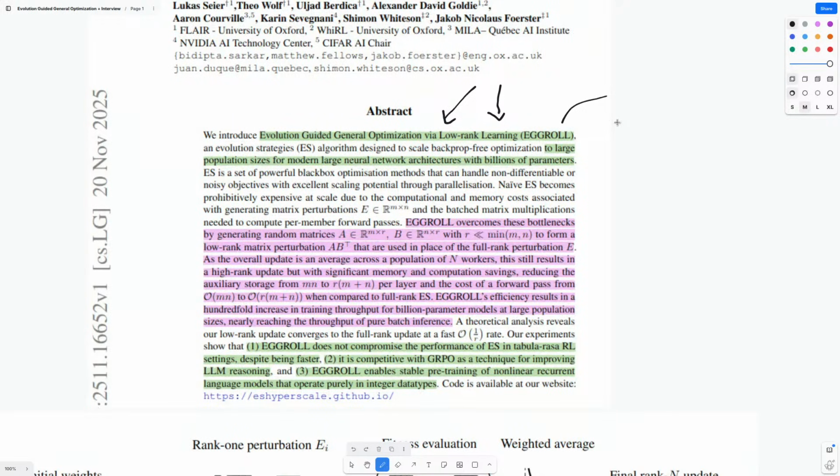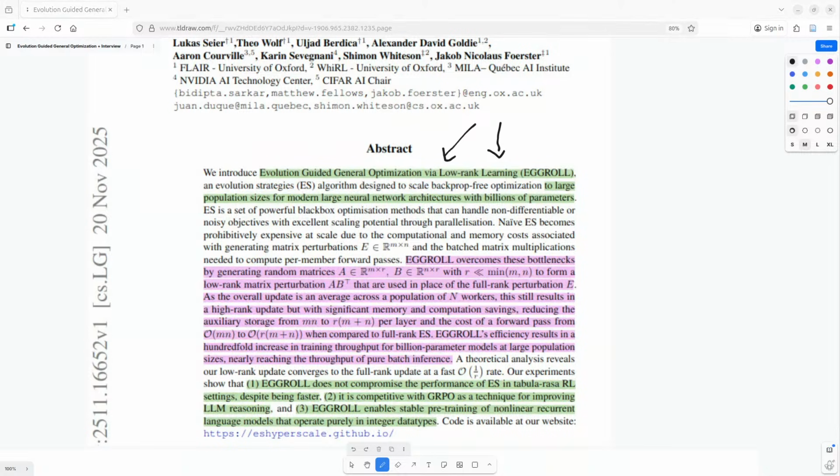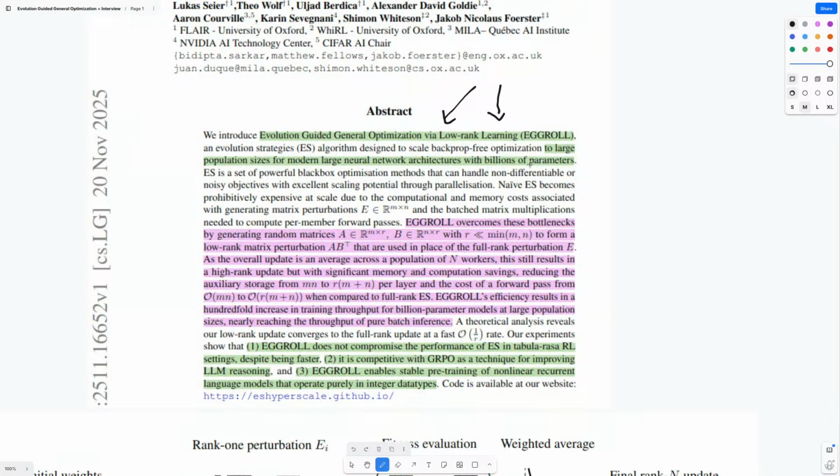It works surprisingly well, and it is efficient, which is always a problem with evolution strategies. They're very memory hungry. In this case, they are able to palliate that, and they were testing this with billions of parameters. This is related to another paper I'm gonna talk a bit about.